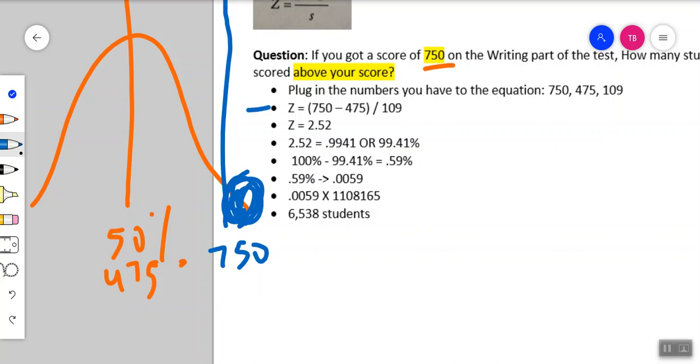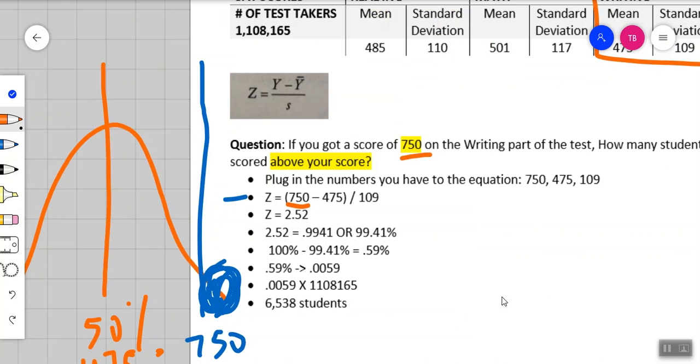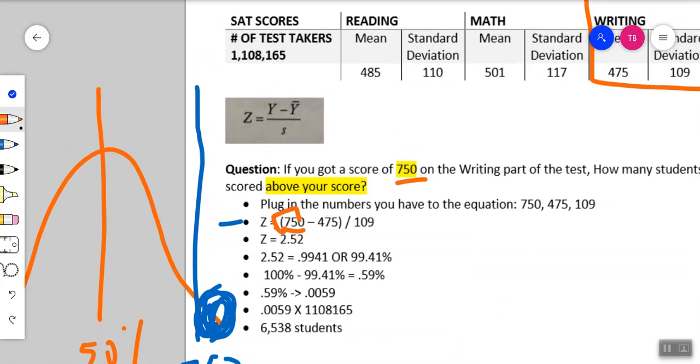We're going to follow our formula. So we take our 750, minus the average of 475, divided by 109, and the 109 is the standard deviation.